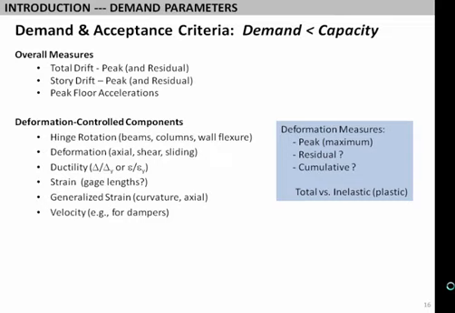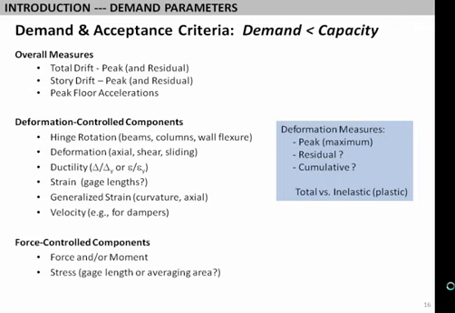Oftentimes we'll look at peak rotation or peak strain values, sometimes residual, but there could be cases where cumulative values matter. For example, buckling-restrained braces have a criterion about the number of strain cycles they can go through. So that's something you might want to pull out of your nonlinear analysis. Also think about whether, if it's a deformation quantity like a hinge rotation, it is total rotation or plastic rotation. And again, there's no hard and fast rule about which is better, but think up front about what it is you're modeling and how you're going to compare that to certain acceptance criteria.